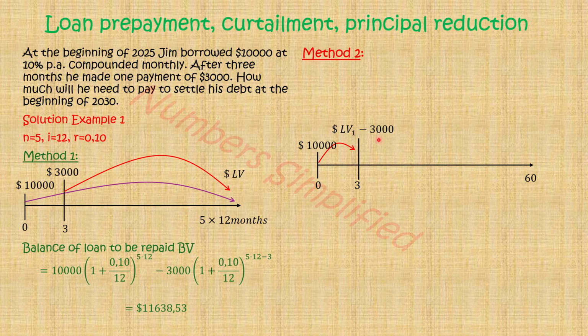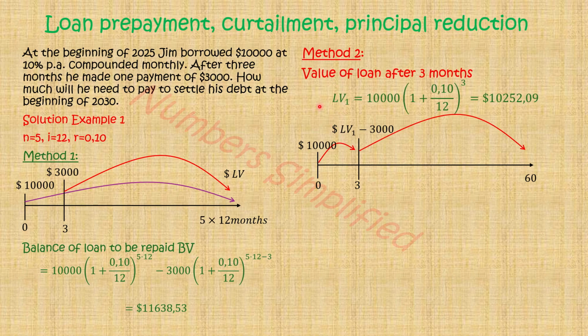So now, in order for us to get what the value of the loan is in 3 months, we are going to find LV1. So let that represent the first payment. So the 1 is for the first payment that was made. So we do have cases where we have multiple payments actually, but in this case, we just have one payment, so we'll stick to that.